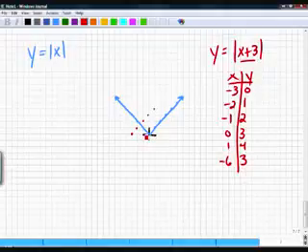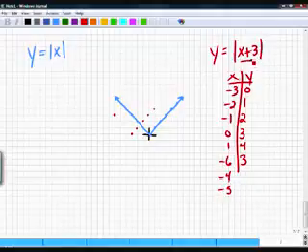So negative 6, 1, 2, 3. Do you see what's going to happen? Let's plug in negative 4 and negative 5 as well. Negative 4 plus 3 is negative 1, absolute value is positive 1. Negative 5 plus 3 is negative 2, absolute value is positive 2. So we get these two. So we have the whole thing now, and we can follow the pattern.